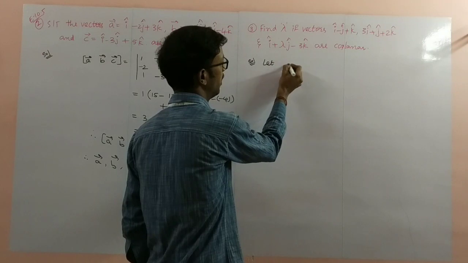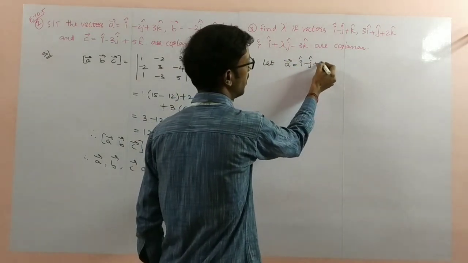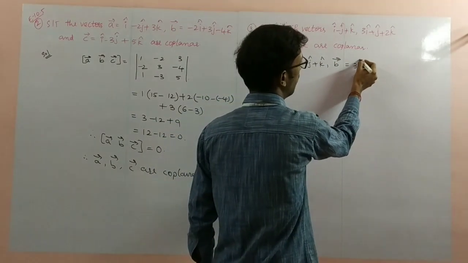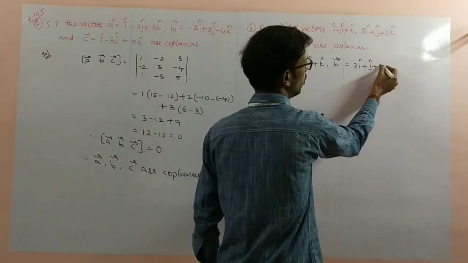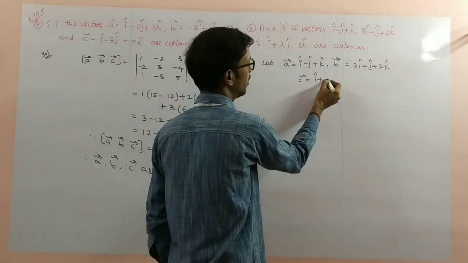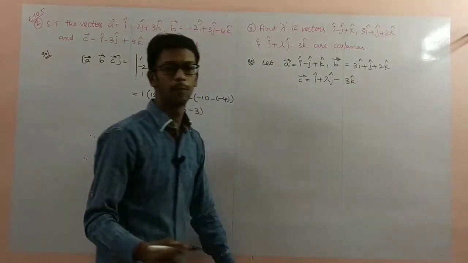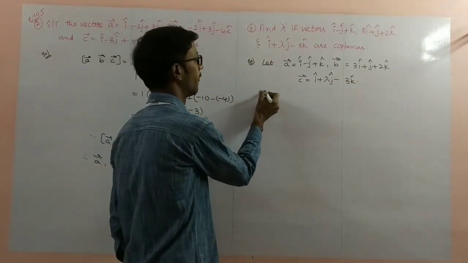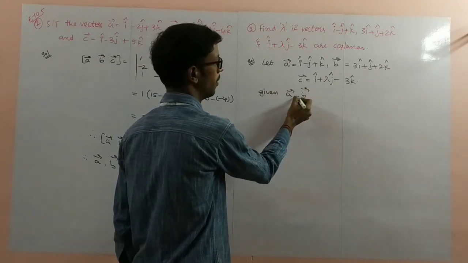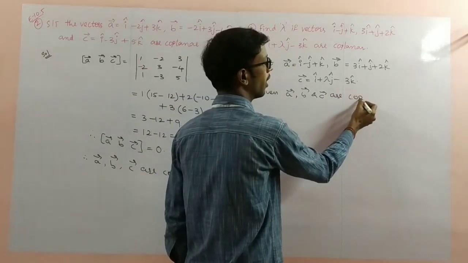First of all, let A bar equal I cap minus J cap plus K cap, B bar equal to 3 I cap plus J cap plus 2 K cap, C bar equal to I cap plus lambda J cap minus 3 K cap. Given A bar, B bar and C bar are coplanar.